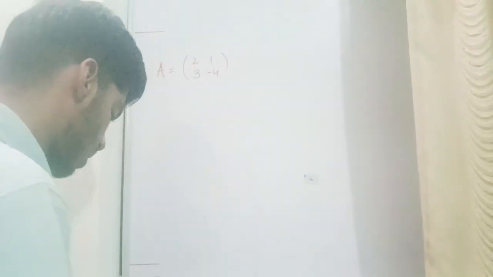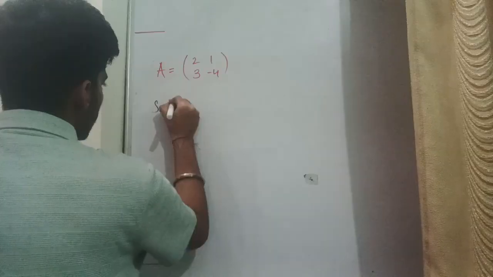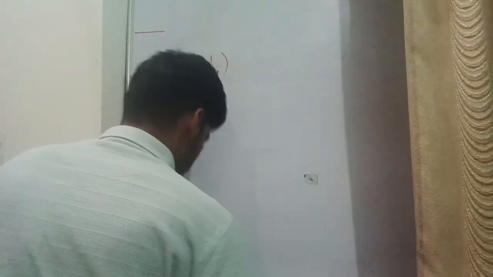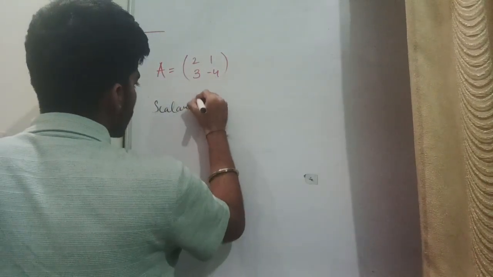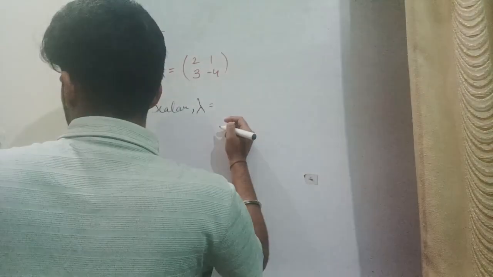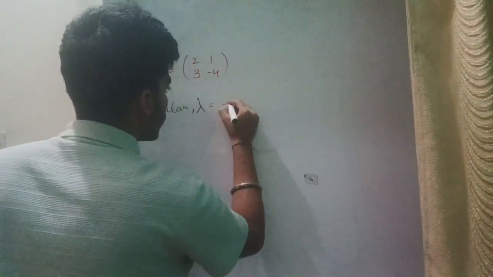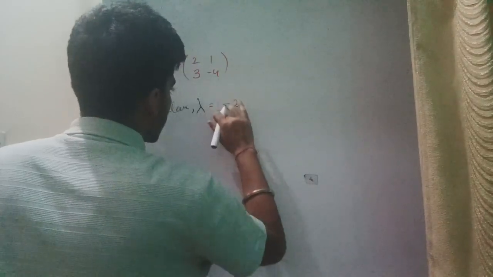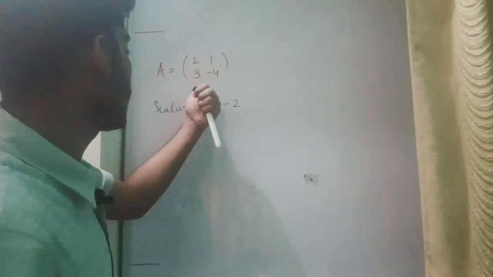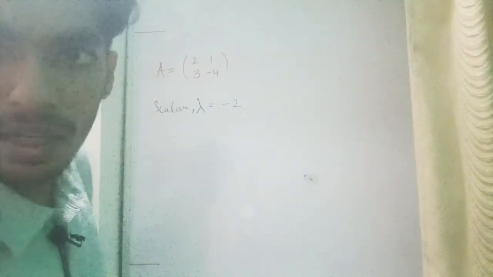A scalar is a number, maybe positive, maybe negative, which we are going to multiply with this matrix A. Let's say I represent my scalar with lambda, and let's say my scalar is minus 2, right?